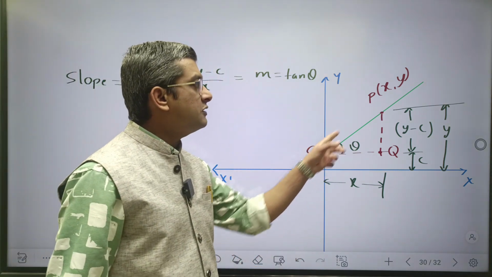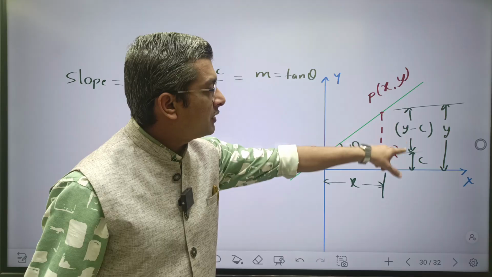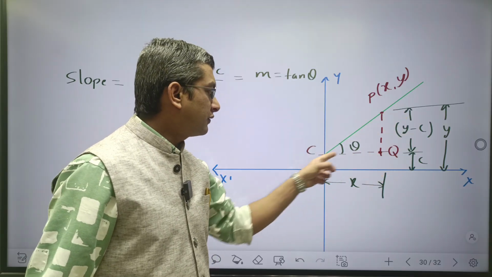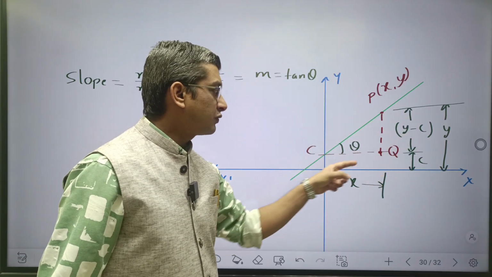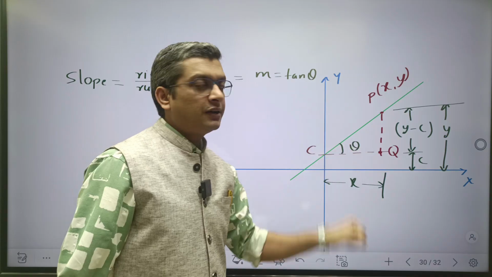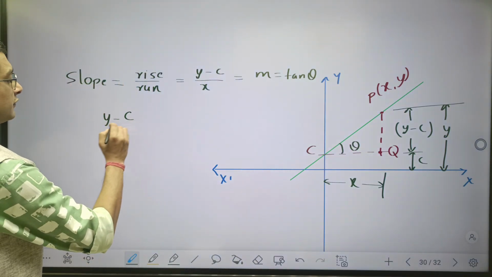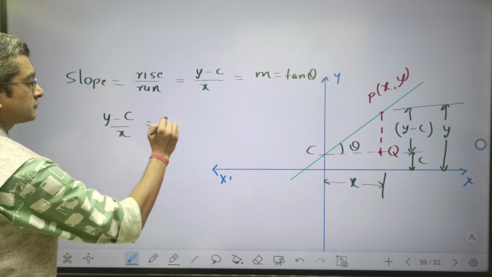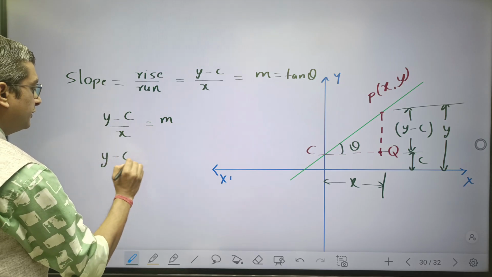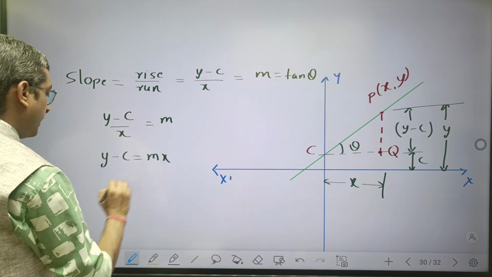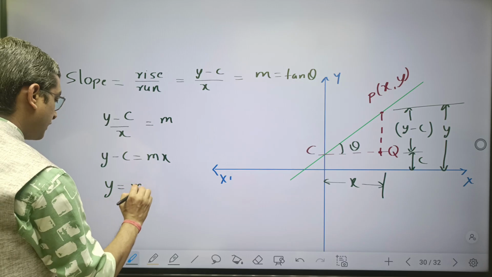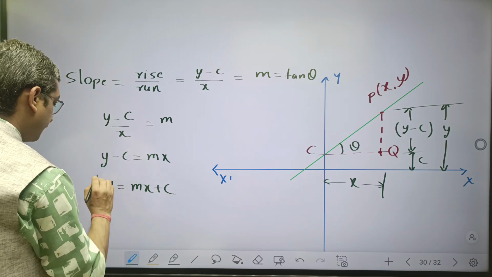And what is y minus c by x? Observe the triangle C, P and Q. This y minus c is the perpendicular, and this x is the base. So perpendicular by base is tan theta. So this is the slope. So y minus c by x is equal to m. So y minus c is equal to mx, and finally you will get y is equal to mx plus c.